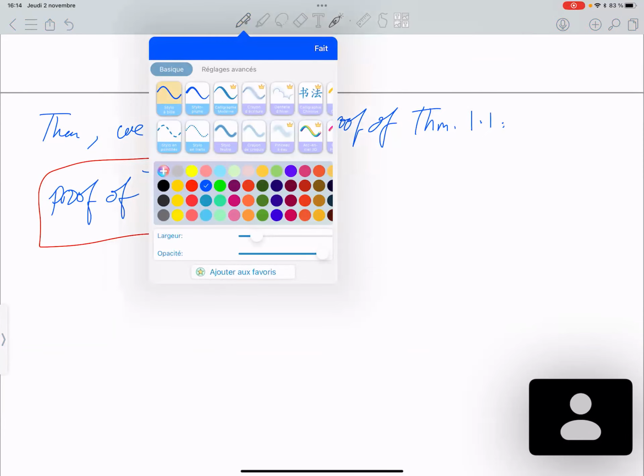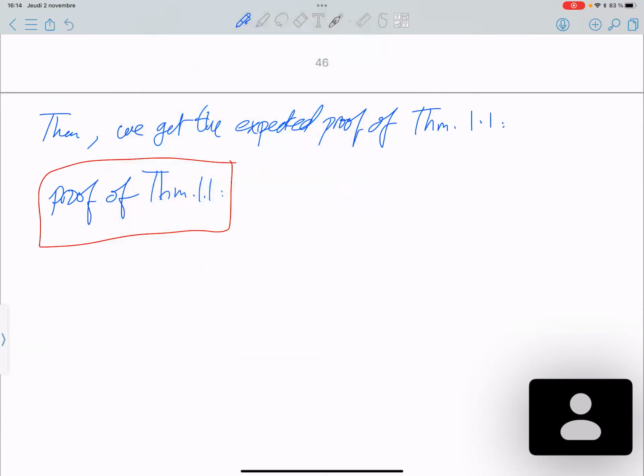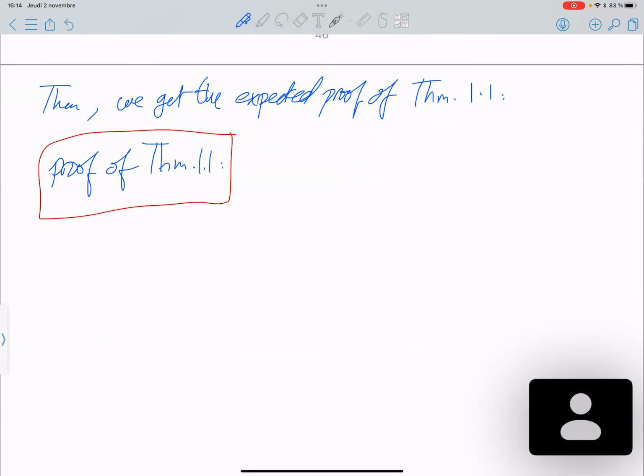Okay, so the proof, in fact, will be very short. We've almost done everything.